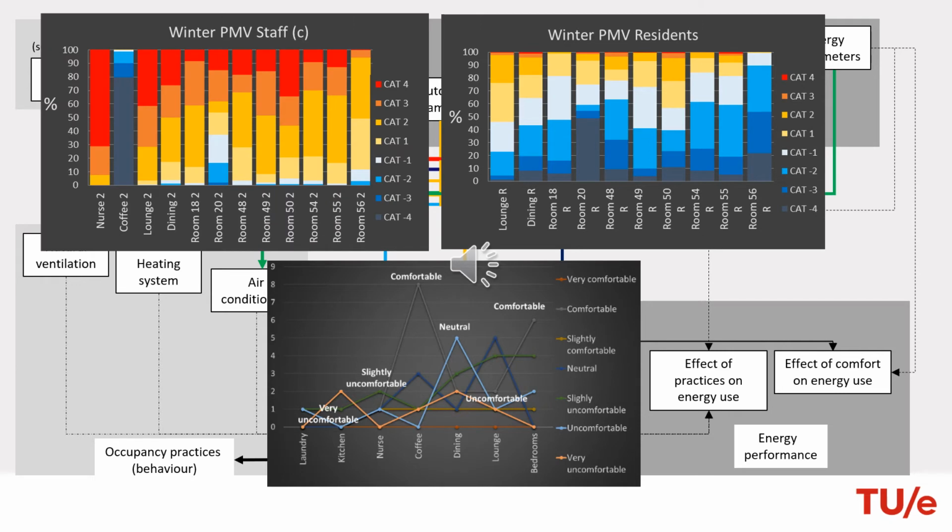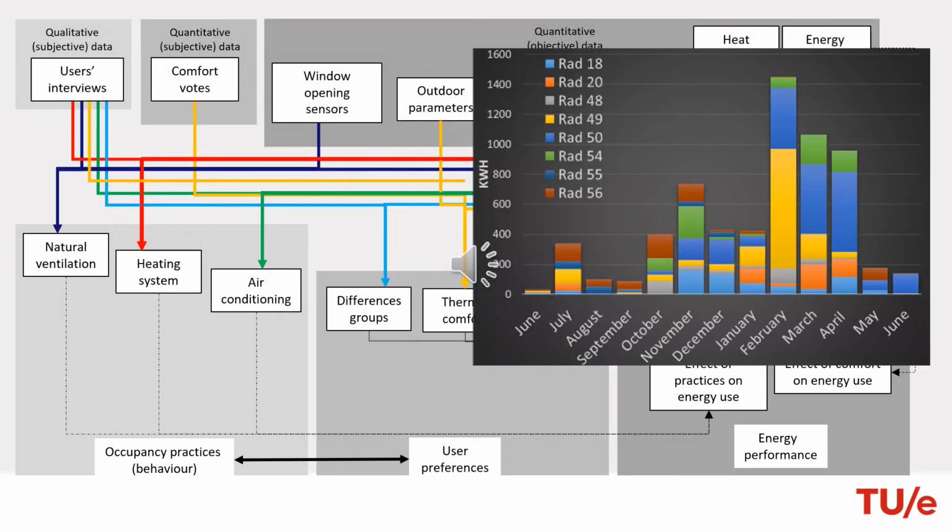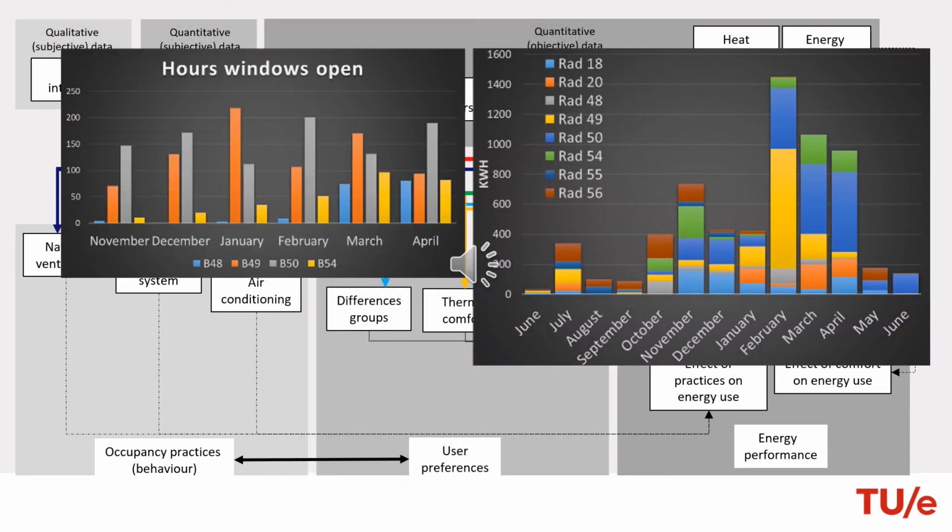First of all, we wanted to know the comfort levels in the building, and we used the predicted mean vote method, and also a survey to know how people feel in the building. And then we also looked at how the building was being operated to provide the right levels of comfort to the residents.